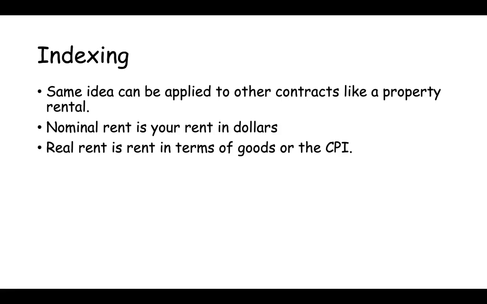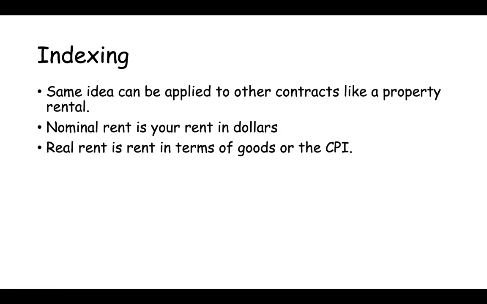So that the real rent, the rent in terms of goods, as opposed to the rent that you pay in monetary terms, was constant. Because it's not the same to pay $1,000 of rent when the price of bread is $1 than paying $1,000 rent when the price of bread is $10. The price of your rent in terms of bread is very different.